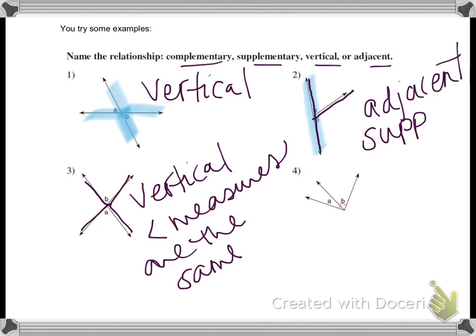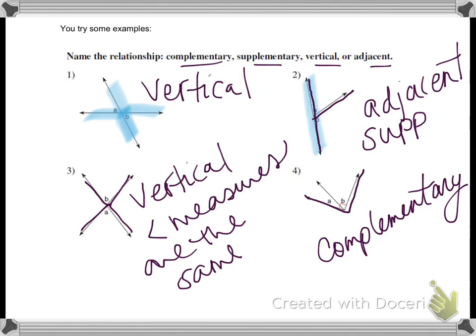Number 4, we have angles that are complementary because they are two angles that add up to 90 degrees. This is a right angle. Remember that right angles measure 90 degrees, and it's usually indicated with that little box, but we have it bisected by a ray, so that means that this angle and this angle added up together must equal 90 degrees.